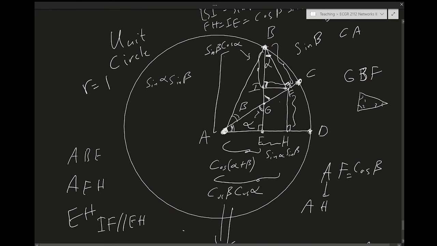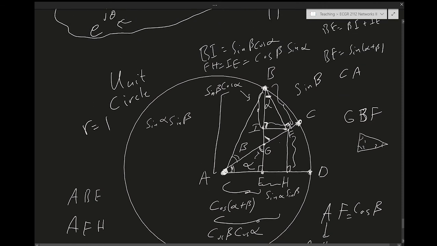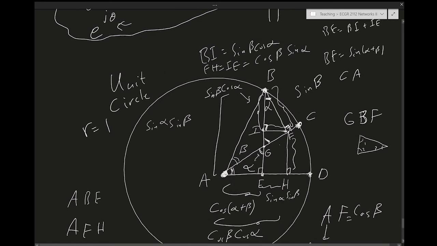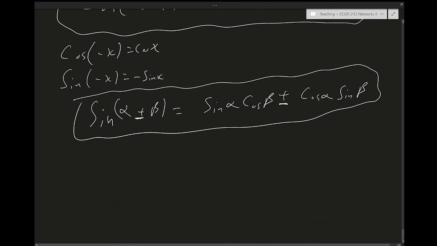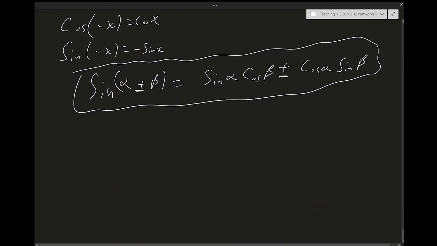Okay. Hopefully this is clear, and if it's not clear, you can go back and try to follow it from the beginning. In contrast, proving this using Euler's formula, the exponential form, is very easy. So I just write e^(j(alpha plus beta)). I use the exponential property.